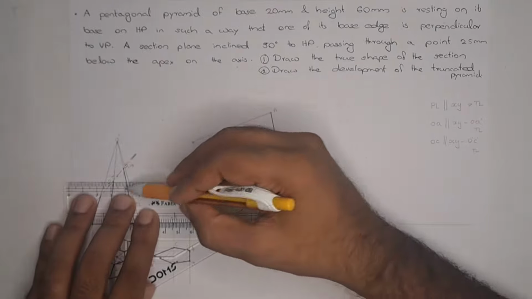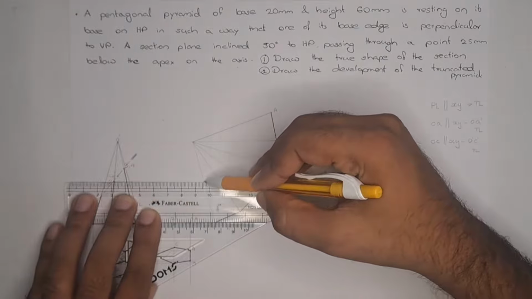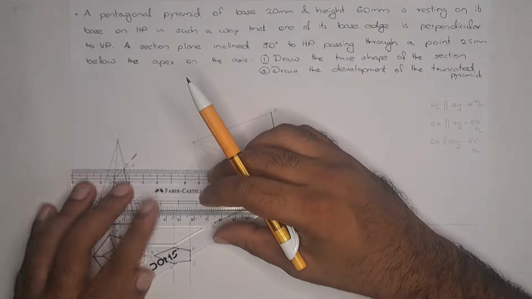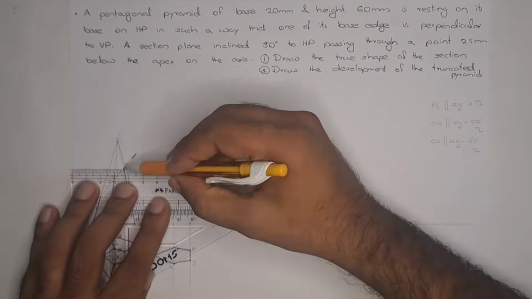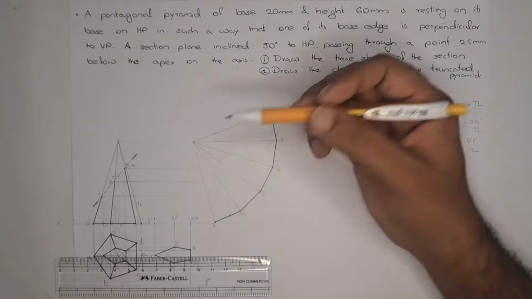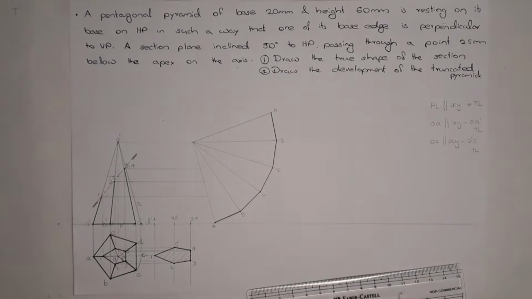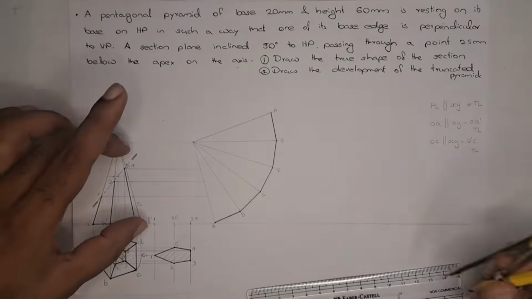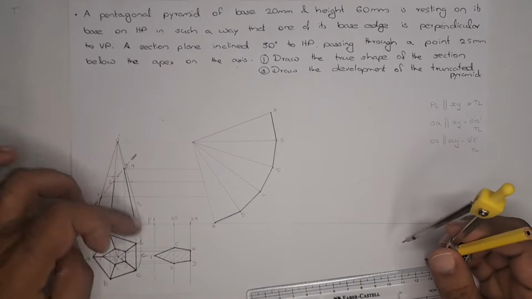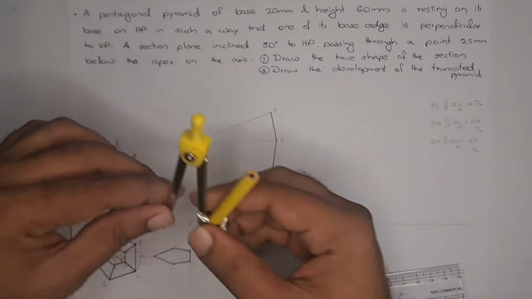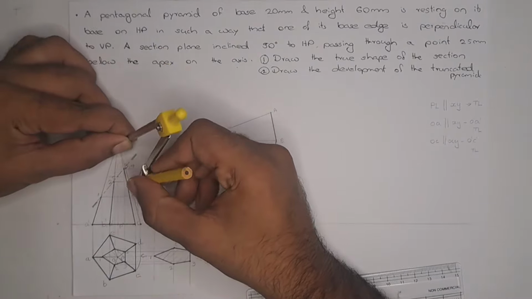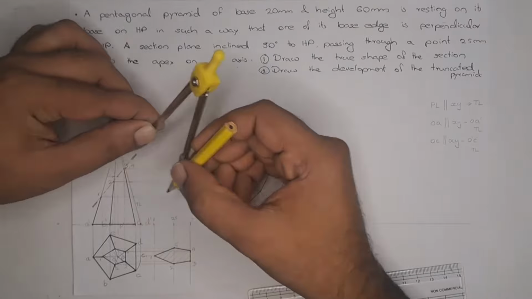Now the 2, 5, now the 3, 4. So everything is marked here. Otherwise, if this line can't be drawn parallel to the OC1, we have to take the separate distance from the true length and mark it here.